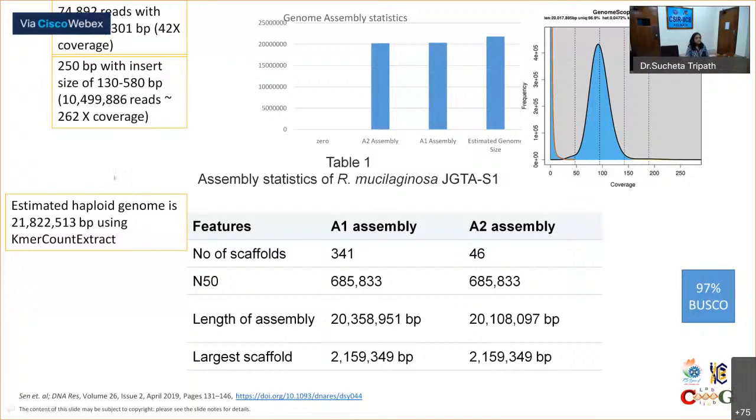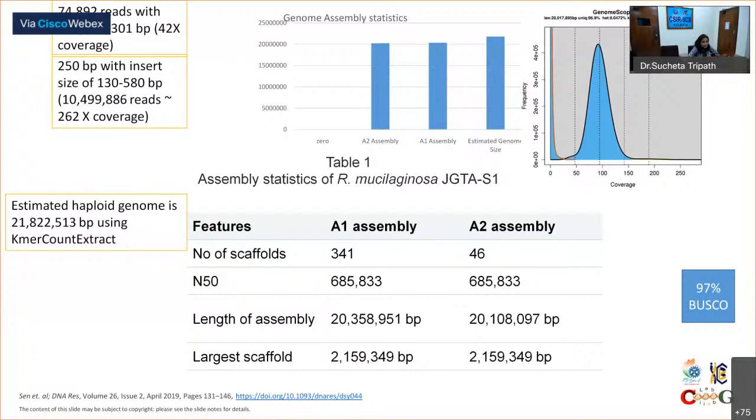And then after getting this, the most challenging step is to join them together. This is like a puzzle. You have to join these short pieces into a longer fragment, and this is called genome assembly. And we have got a near perfect genome assembly for this organism, almost 98% of the genome captured, the whole genome.